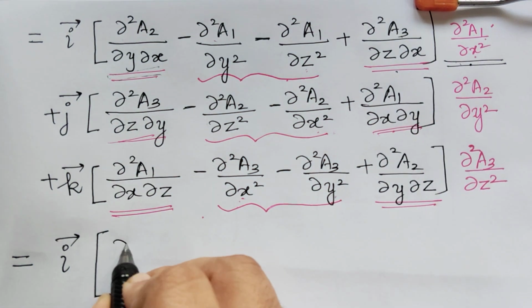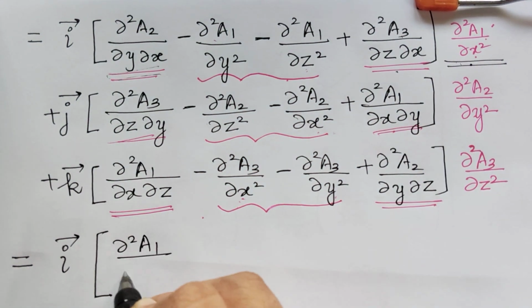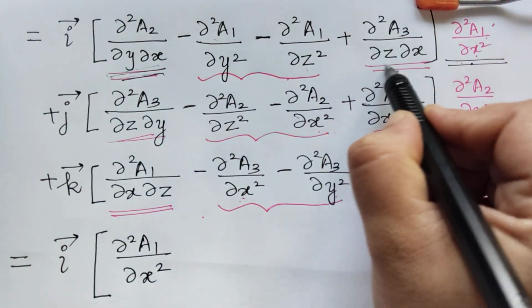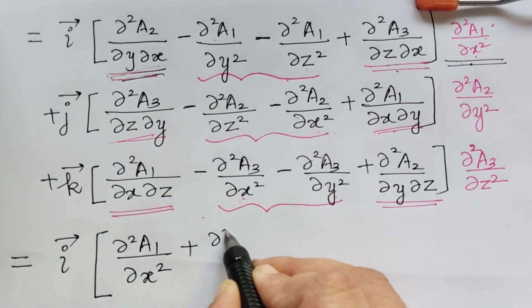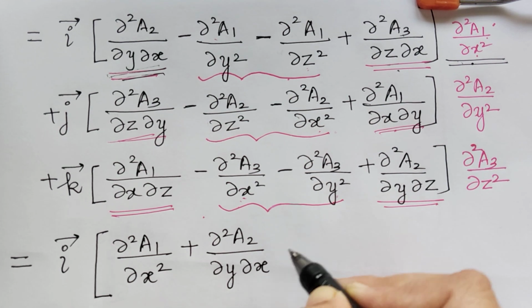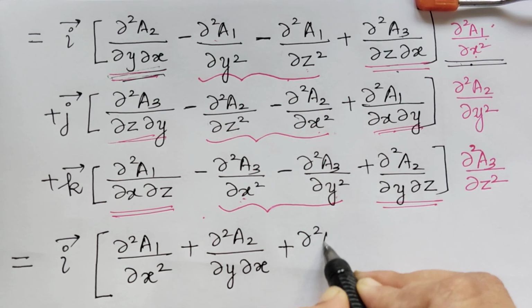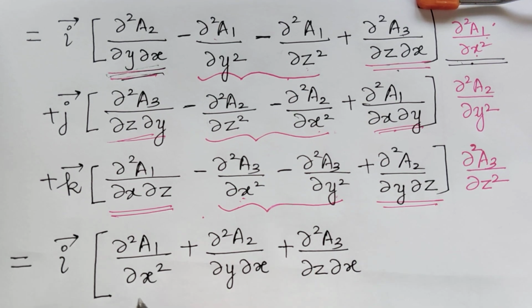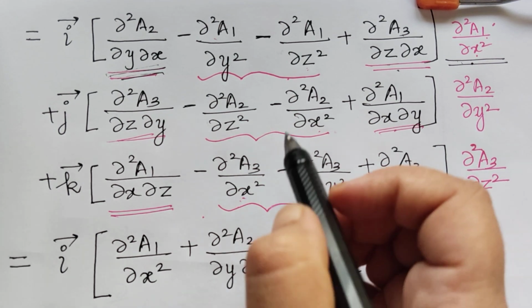So what I am going to do, dou square a1 by dou x square. This term is added to these two terms. So plus dou square a2 by dou y dou x plus dou square a3 by dou z dou x. So this term I have added. Now I need to subtract.